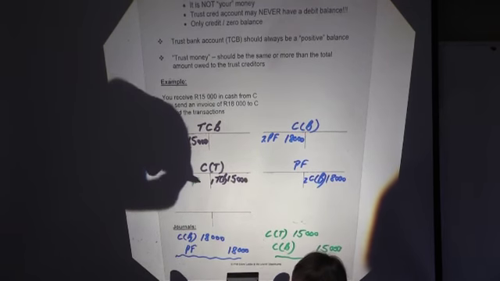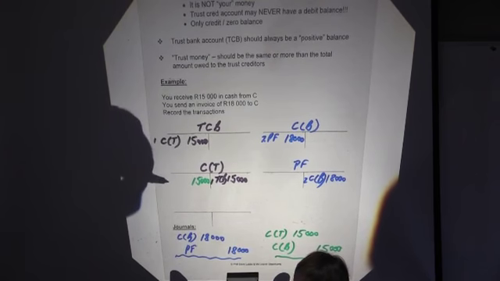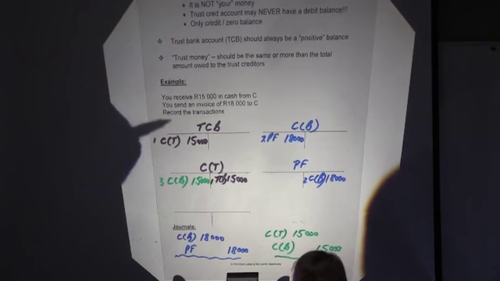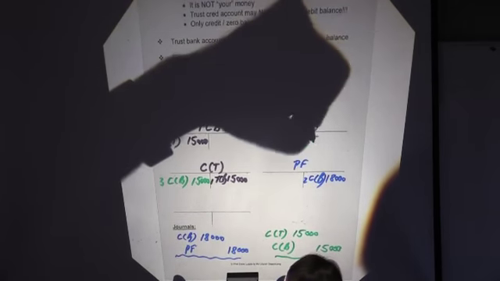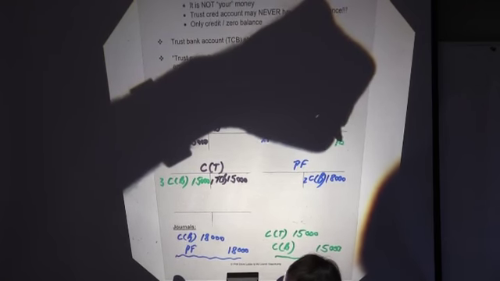We will debit C trust 15,000 rand, and we will write here C business, and we can number that as number 3. Here we will write C trust 15,000 rand.